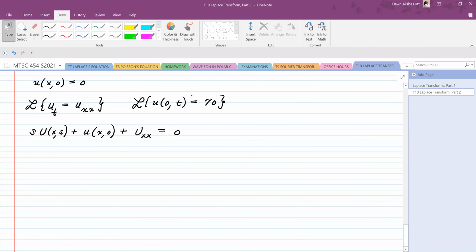So now I'm going to have u_xx minus s, capital U of x and s, equal to minus u of x and 0. And this should be positive 70, it should not be negative 70.